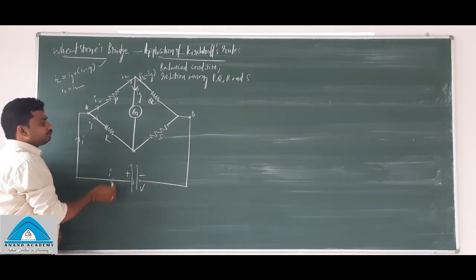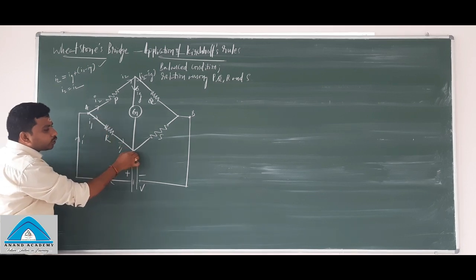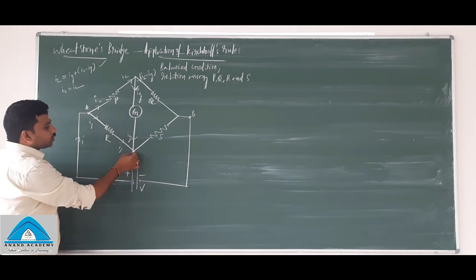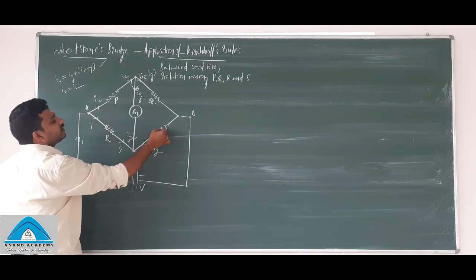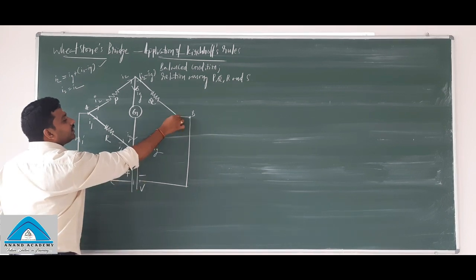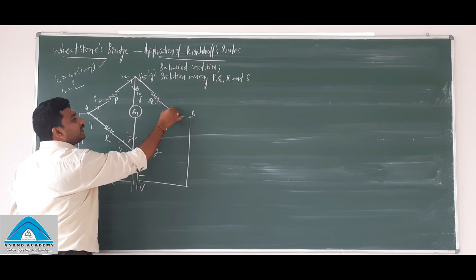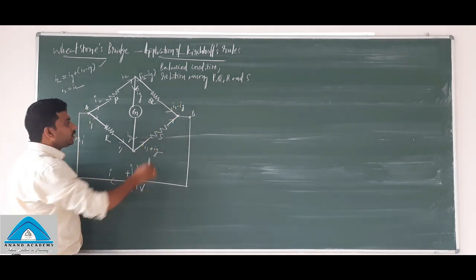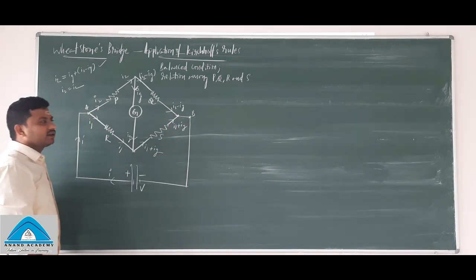Concentrate. I1 current is coming in this way, and towards this junction Ig current is coming in this way. So the total will become I1 plus Ig, moving towards the S resistor. And at this junction, how many currents are coming? I2 minus Ig is one component, and I1 plus Ig is another component.